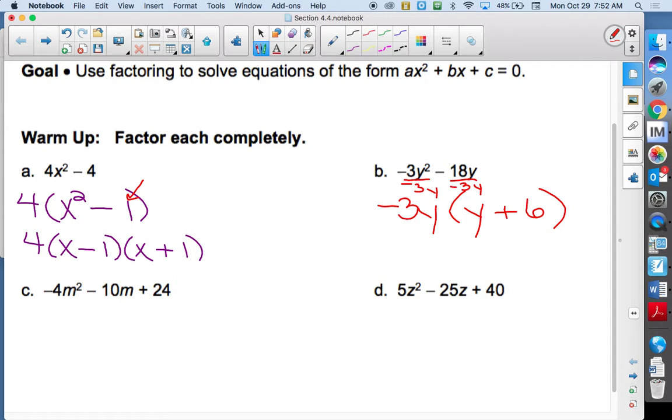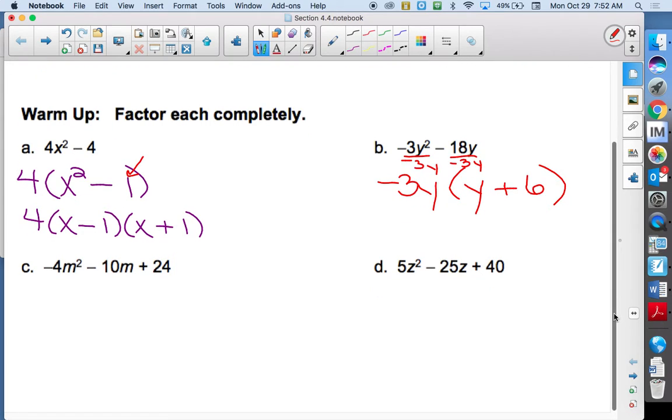So negative 3 divided by negative 3, that's gone. But you have a y squared, you're getting rid of one of them, so there's still a y left over. And then negative 18 divided by negative 3 is positive 6. Those y's are gone because you took it out, so it's sitting outside.